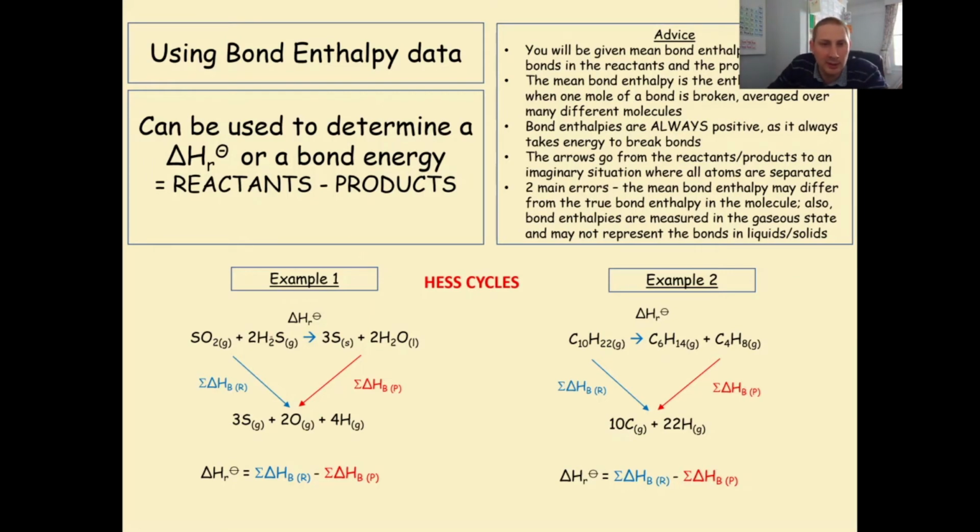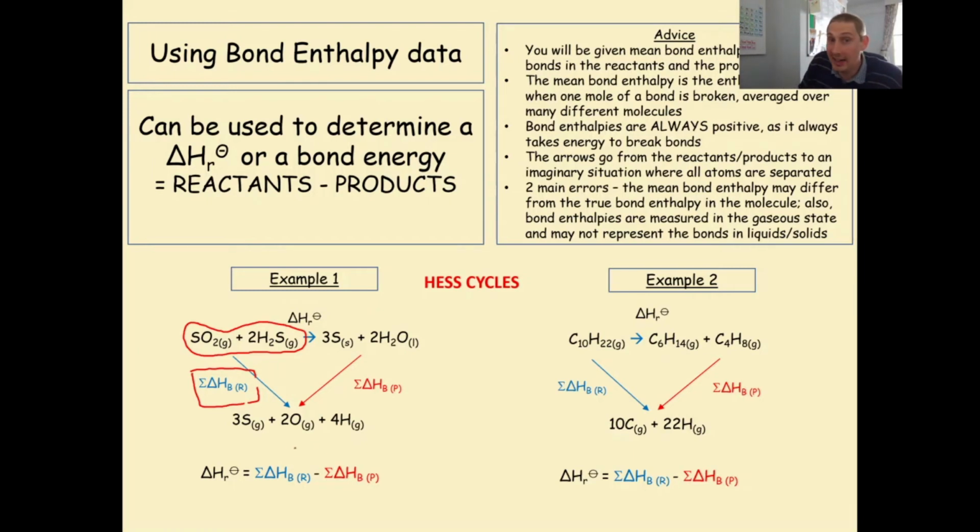Here we go. In this example, we've got the reactants, sulfur dioxide and hydrogen sulfide. If we sum up the bond energies of the reactants, we get atoms: 3 sulfur gas atoms, 2 oxygen gas atoms, 4 hydrogen gas atoms.